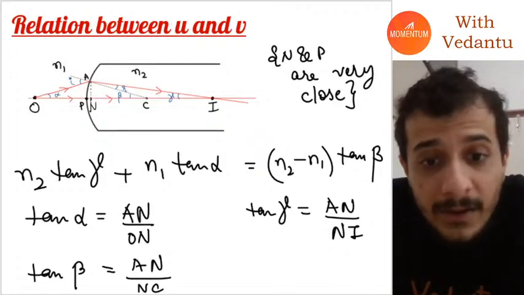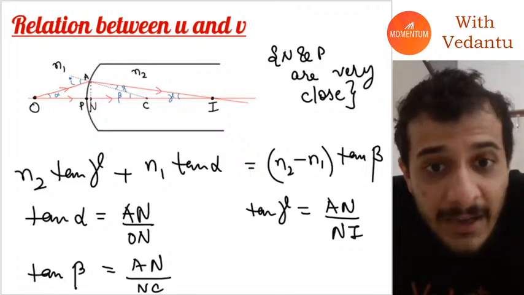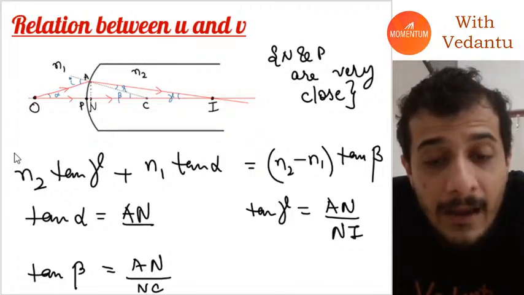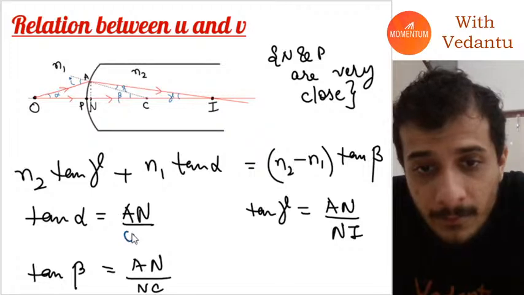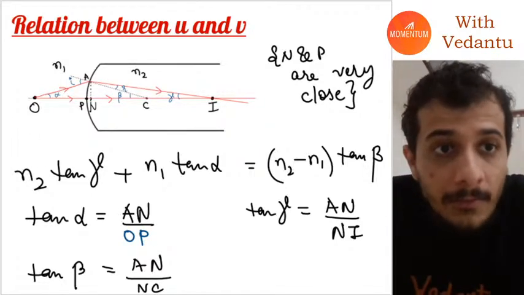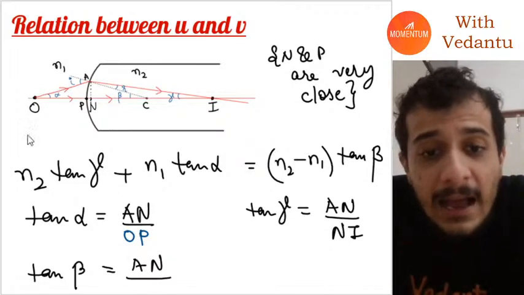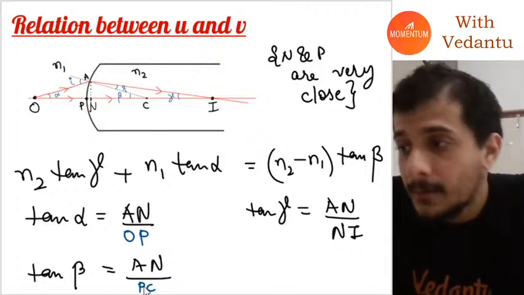N and P are very, very close, guys. So what I can do is I can write this ON as just OP, approximately. Similarly, I can write this NC as just equal to PC.